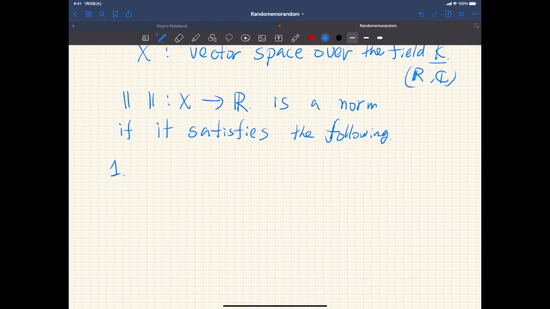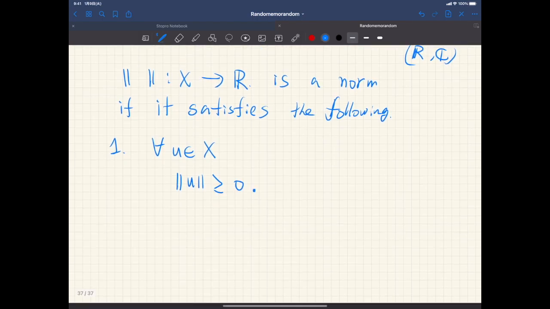So first, for all elements of X, so for each vector, its norm is greater than or equal to 0. Okay, and in particular, the norm is 0 if and only if this vector is 0.